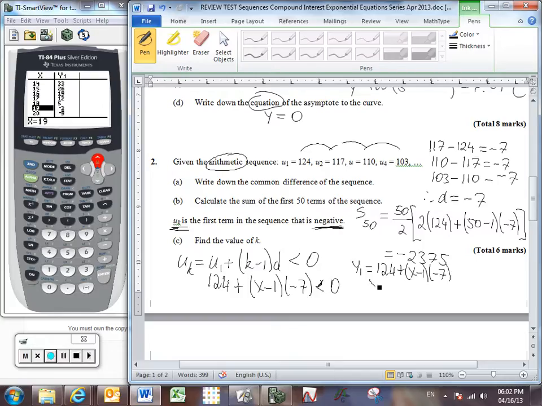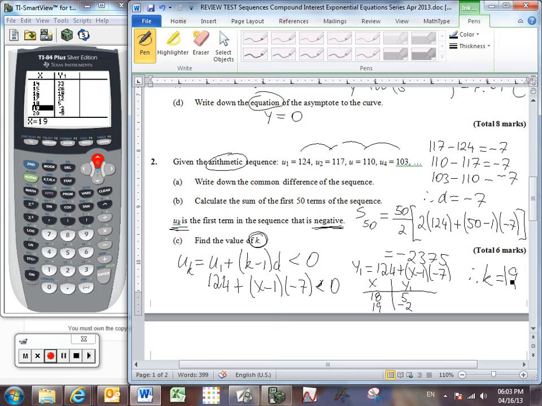And now I've got a table where at 18 I was still positive, but when I hit 19 I was at -2, and that means that the k value you were looking for is equal to 19. That's when we finally got to a negative number. So u sub 19 will be the first term that is negative, but it's looking only for the value of the subscript, meaning the 19th term.